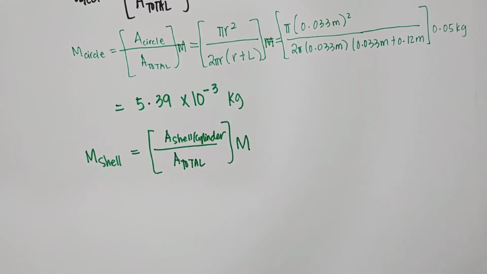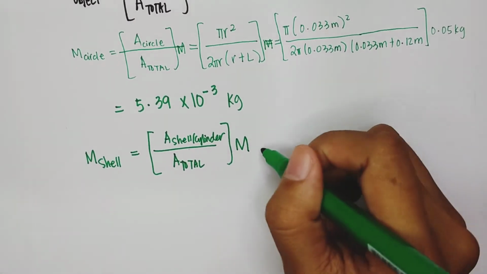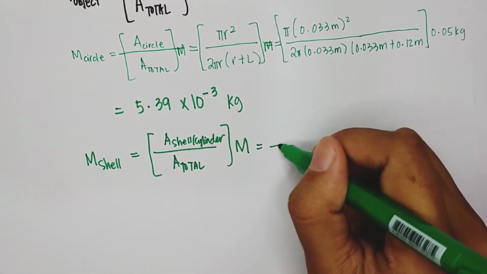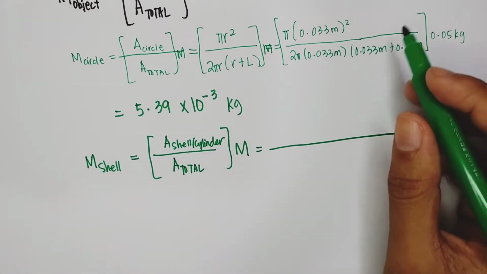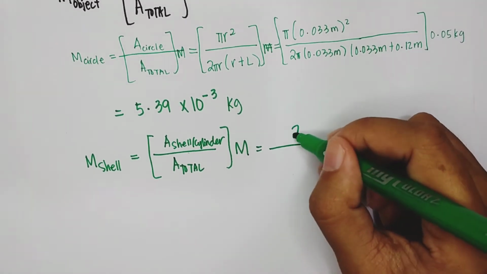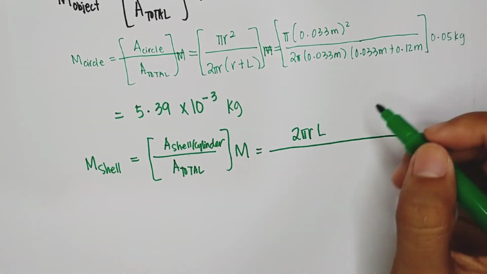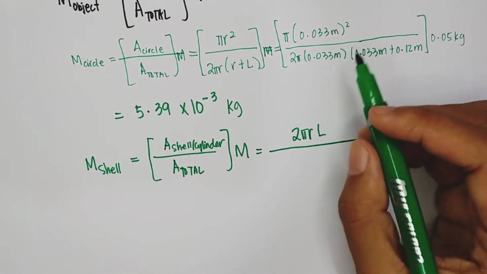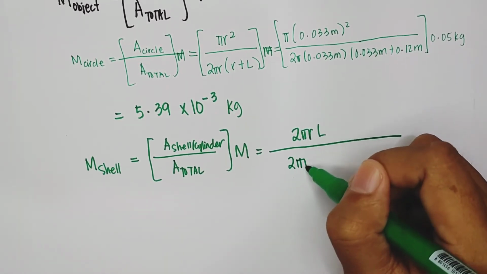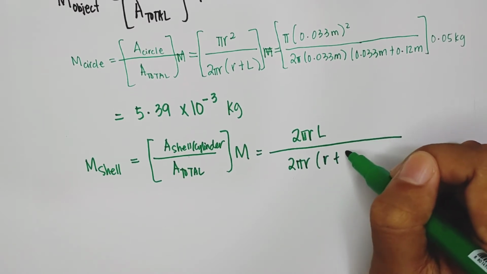That is the formula, so we need to substitute our given. The area of our cylinder is 2 pi R L, divided by our total area, 2 pi R times (R plus L).